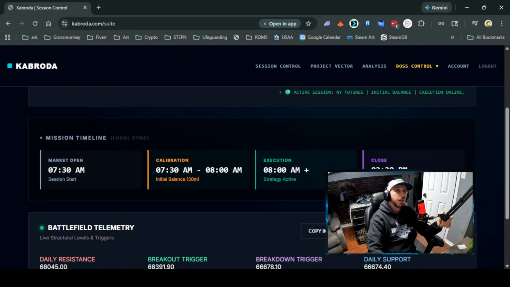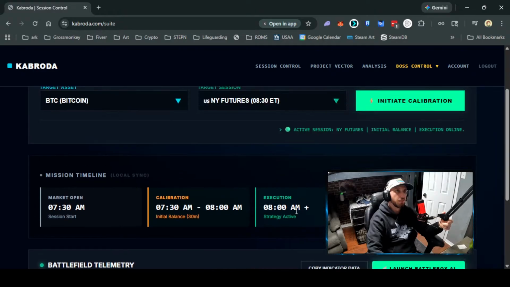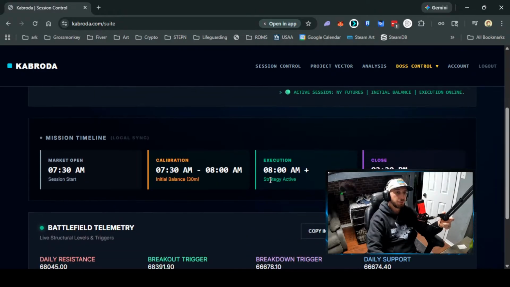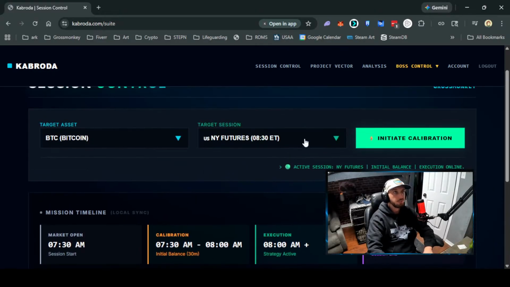If you're not already in a trade by 2-something or 3-something, go ahead and don't get in, because that's the end of the liquidity and we'll run into the next session. I believe it's London right after that, but I don't remember.